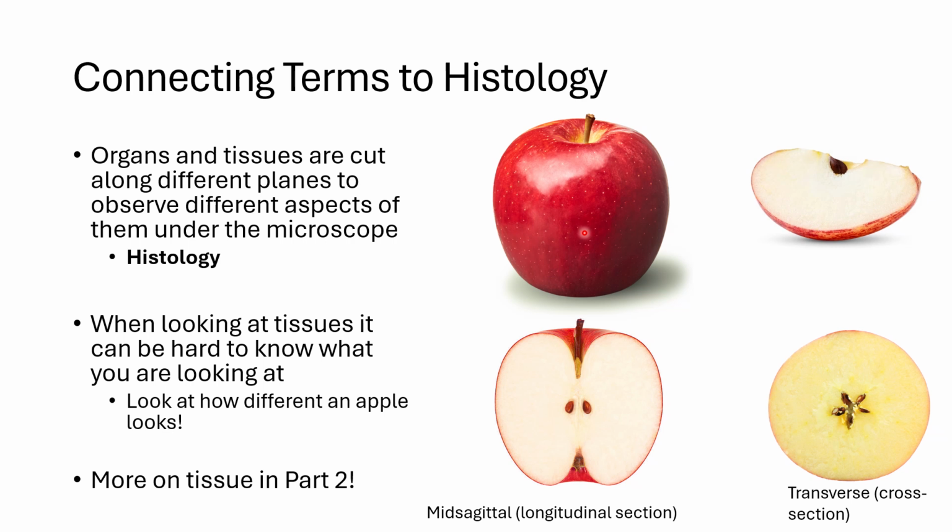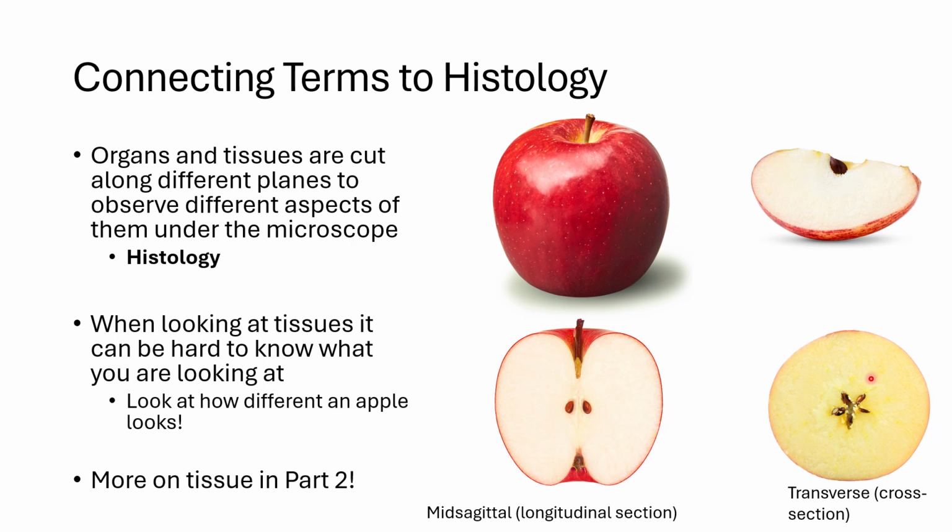The thing here is, the hardest part about histology is not looking under the microscope and seeing the thing. It's trying to figure out what direction of the apple you cut to give me this view. You can cut an apple a bunch of different ways and it will look different each time. So if we did the equivalent of a mid-sagittal section, where we cut the apple down the middle, it would look like this.